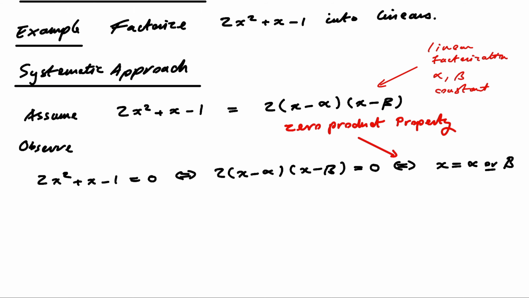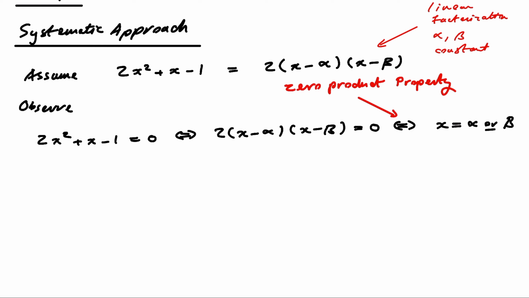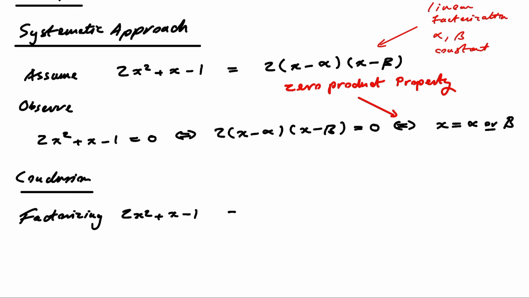So what's the conclusion then of this? The conclusion is that factorizing 2x squared plus x minus 1 is basically going to be the same thing as finding alpha and beta, which is the same thing as finding solutions to this equation.